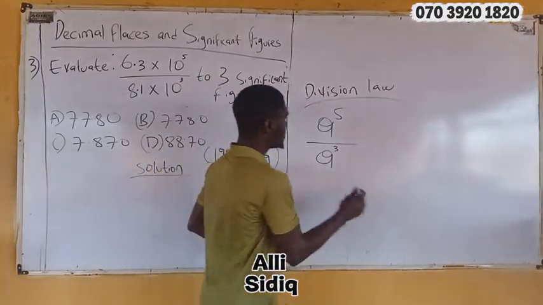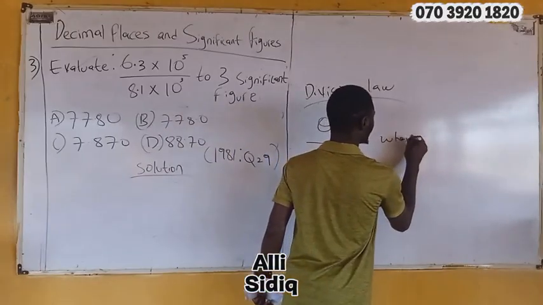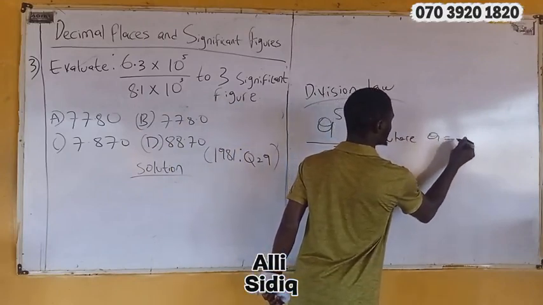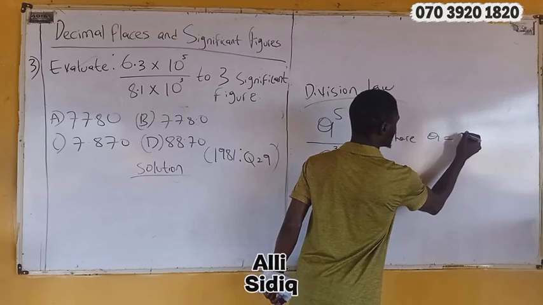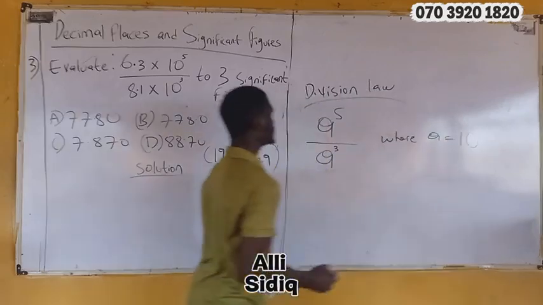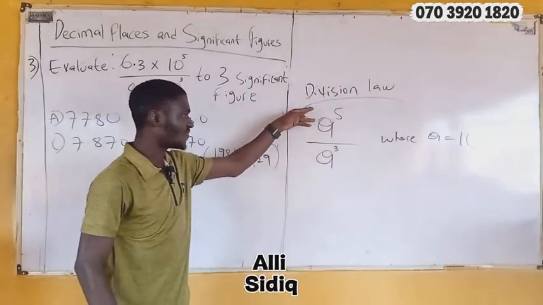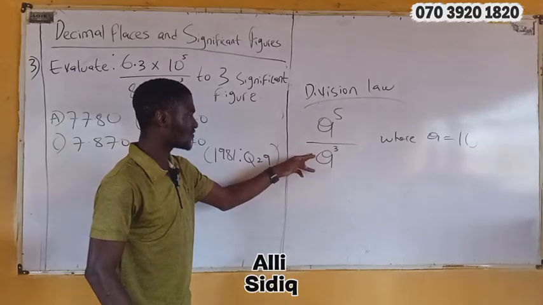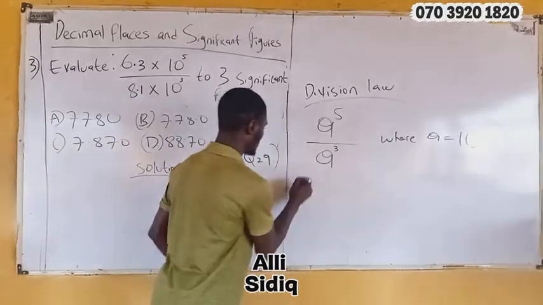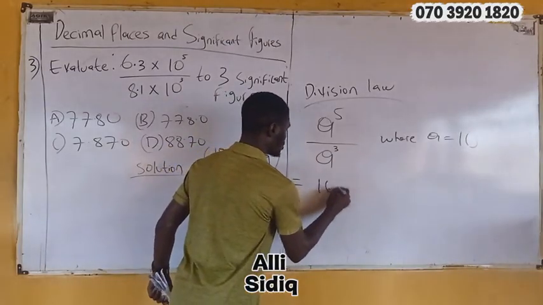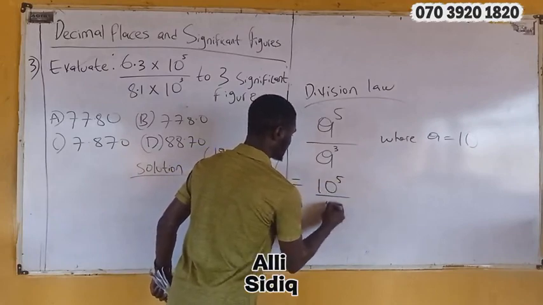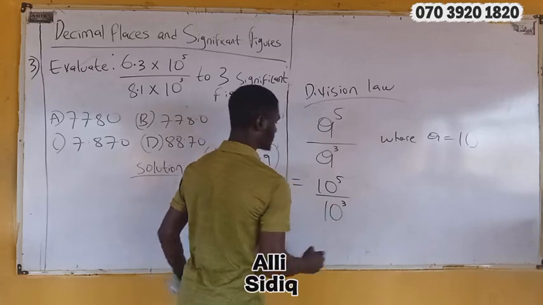For example, where a is equal to 10. Let me use 10. Where a is equal to 10, it means I have 10 raised to the power of 5 here, and I have 10 raised to the power of 3 here. So let me just do that. 10 raised to the power of 5 and 10 raised to the power of 3.